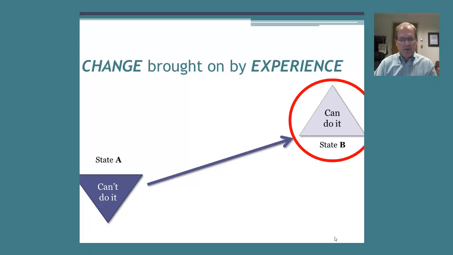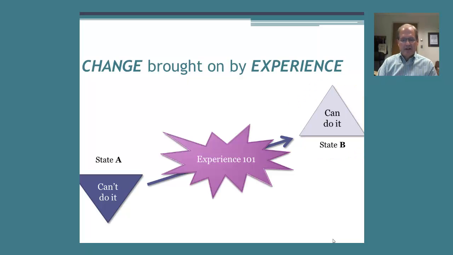Finally, with that description, we are able to identify the gap between what needs to happen so that state B can be acquired, from our current state of state A. And that allows the teacher to begin to determine what needs to be done to fill that gap between A and B. Or in this case, what needs to be within this Experience 101, the enhanced learning experience that you're going to work on.